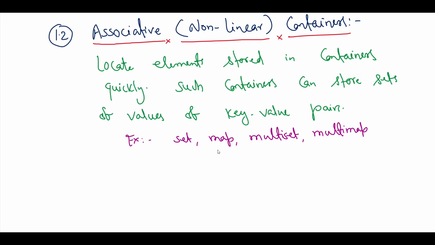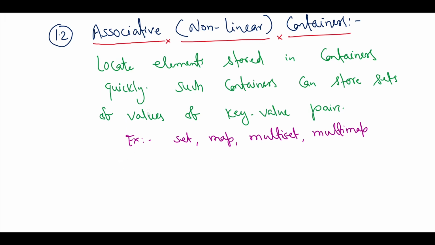There are two versions of associative containers: one where data is sorted by keys and another where data is not sorted by keys. You can call the other an unsorted associative container, but you just have to put unordered in front of every container and you are done. So suppose you have set, map, multiset and multimap here.